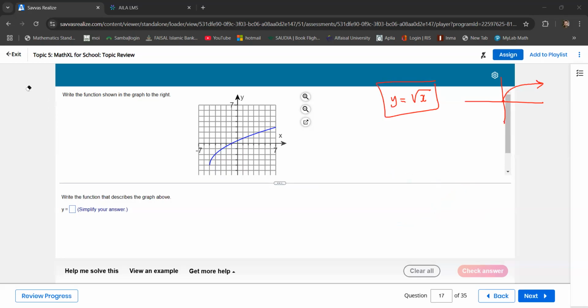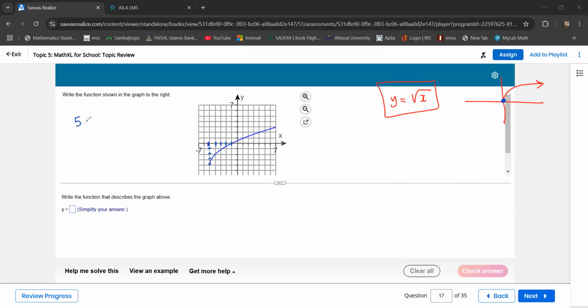Now, check this point and check what is happening at the start. This is the start. It should be exactly at 0 and 0. What has happened? It moves to the left. Let's count: 1, 2, 3, 4, 5. 5 units to the left. And how many units down? 1, 2, 3, 4.